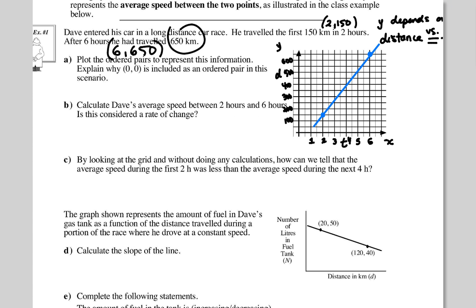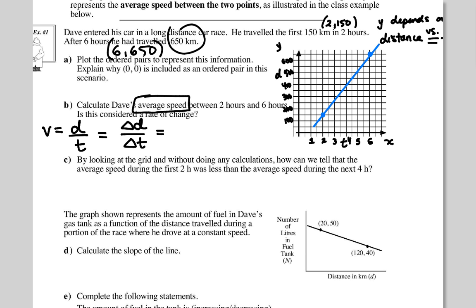Okay, calculate Dave's average speed. Like in the physics class, I would not force that 0, 0. So you just want to calculate the average speed by the line of best fit. In this case, you have 2 points and 2 points only. You might remember this formula from Science 10 or physics: D over T is the formula for average speed. In this case, we're going to use delta D over delta T, the change in distance over the change in time.